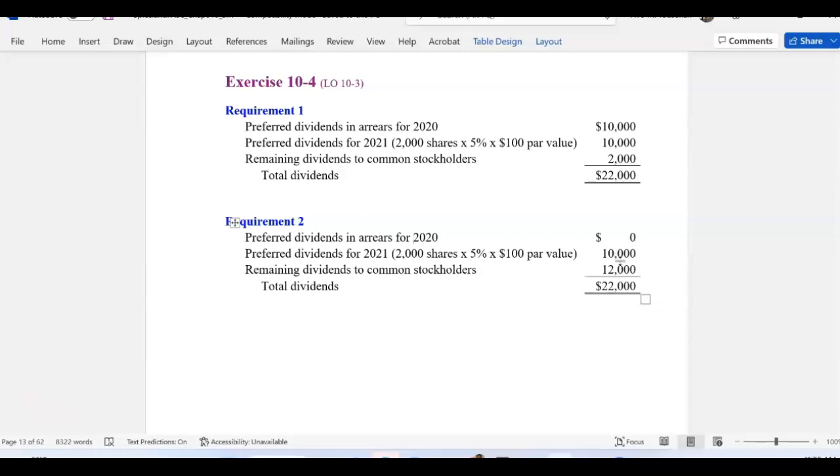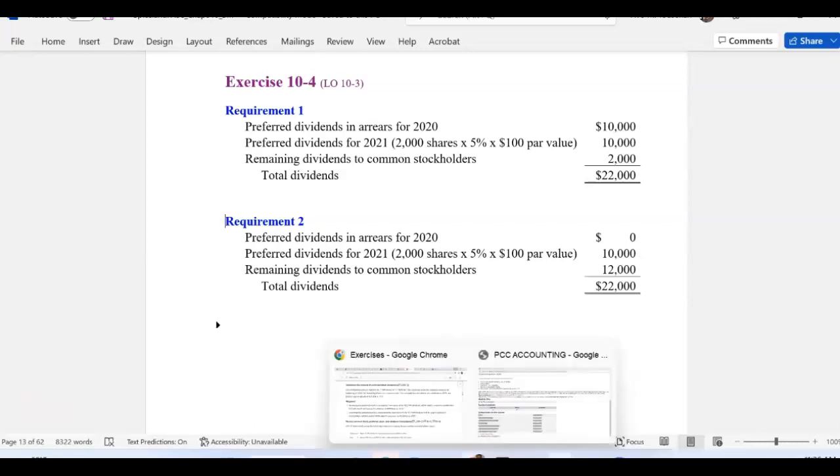So that way, $12,000 will be the remaining leftover balance, and that goes to common stock, assuming it's non-cumulative preferred stock in requirement number 2. Any questions, please let me know. Okay.